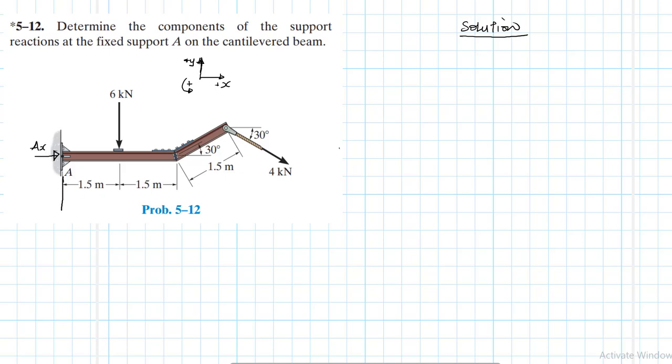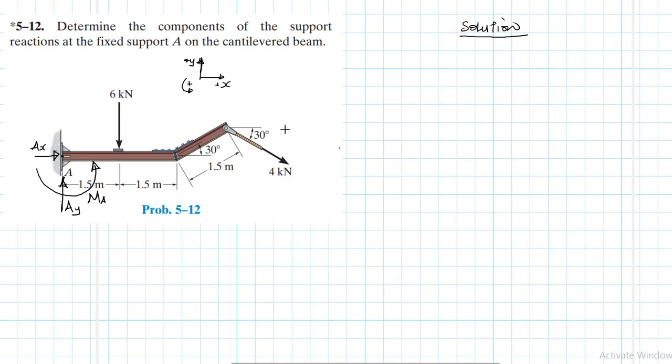And then we have a vertical reaction, which is AY, and then we have a moment reaction in this direction, which we are calling MA.